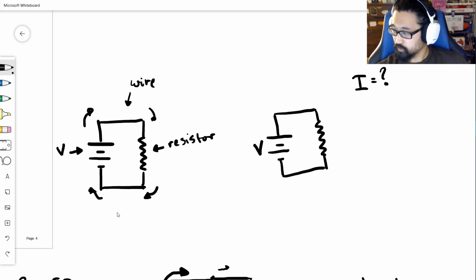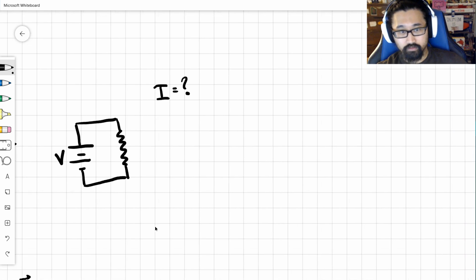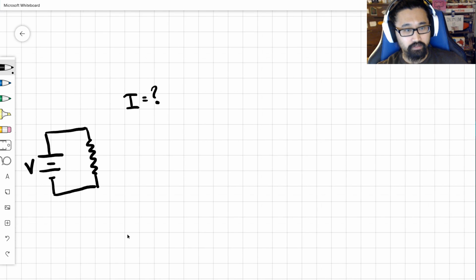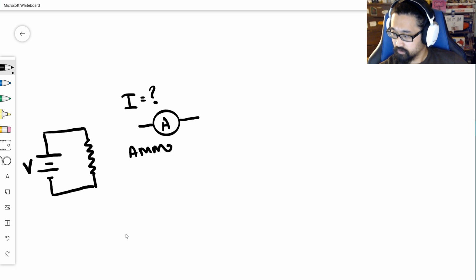So the easiest way I could do it is to use one of those symbols, which was a circle with an A in it. This was an ammeter.